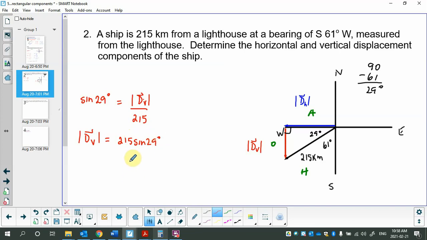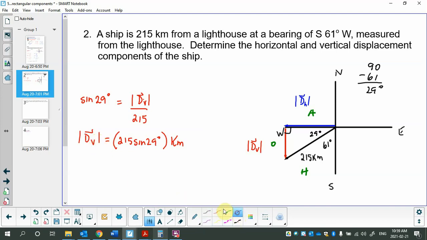And I'm not even going to write that as a decimal because I don't have to. I do know that that's kilometers. And if you're wondering how displacement shows direction, here's your magnitude. The direction is that I've already said it's vertical.